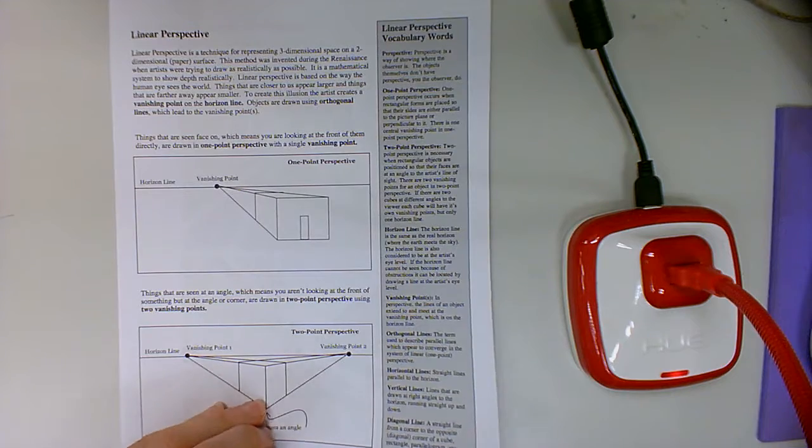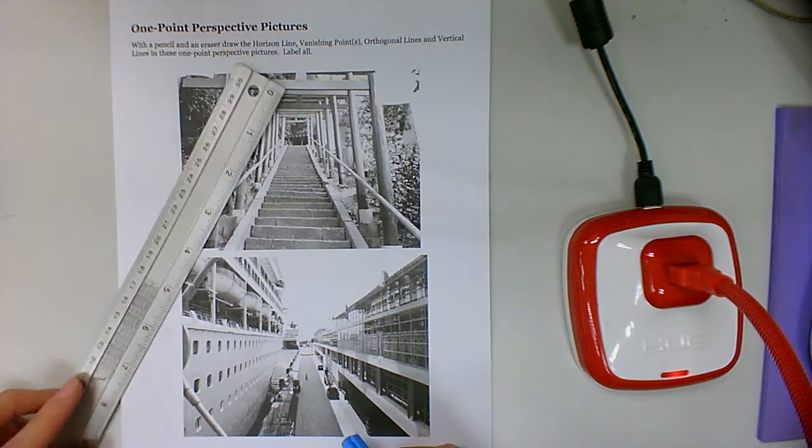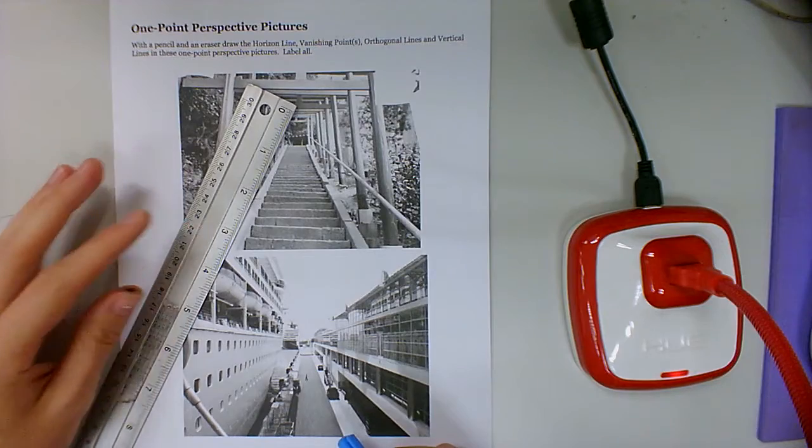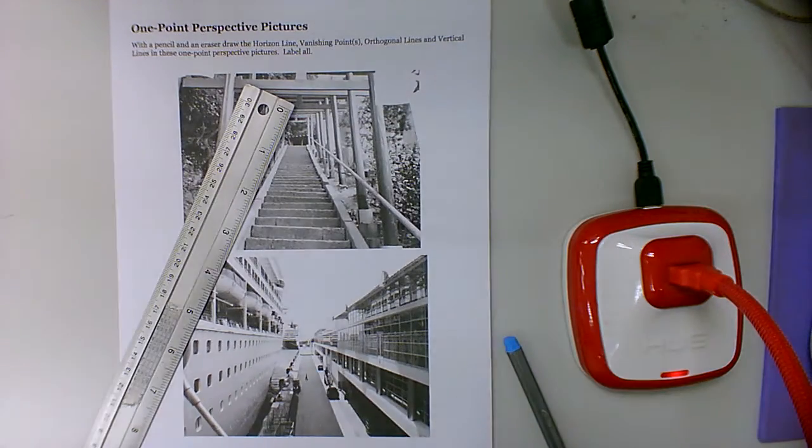To better explain that, we are going to go through this little exercise using real-world objects to show a vanishing point. When looking at the object here, you will notice in this direction, I am going to use a pencil to show where these lines meet.